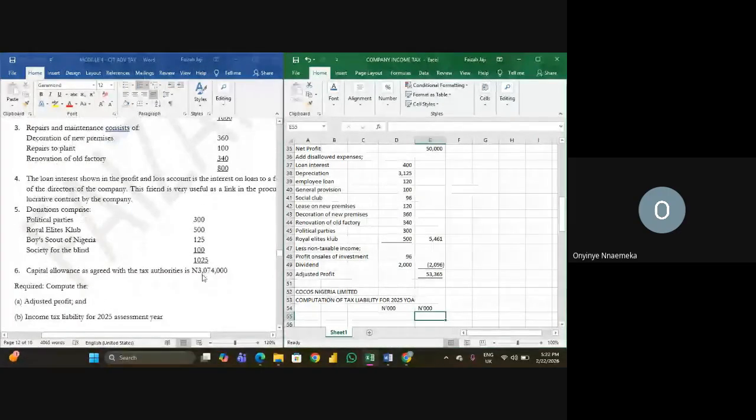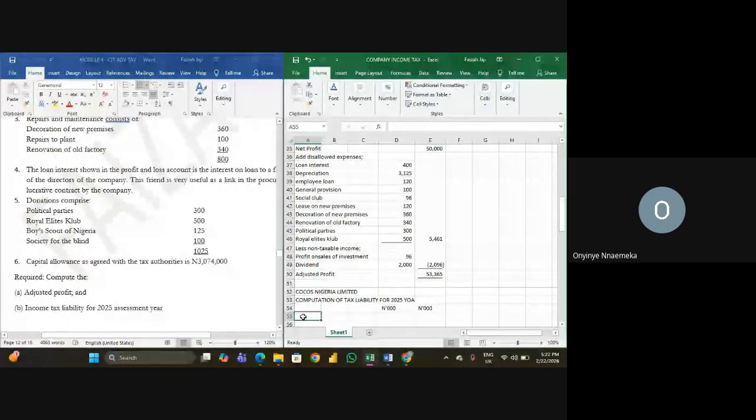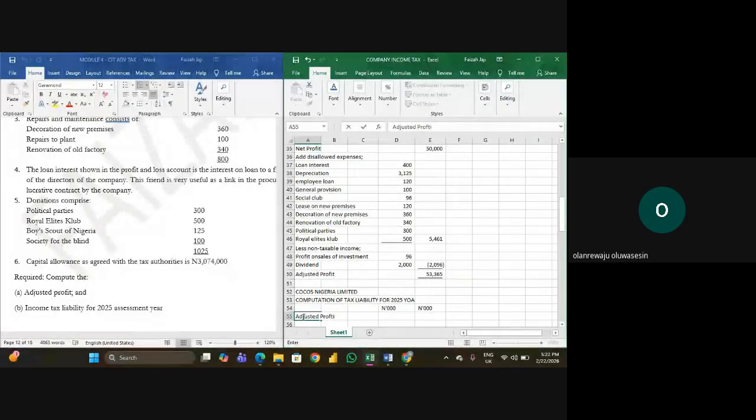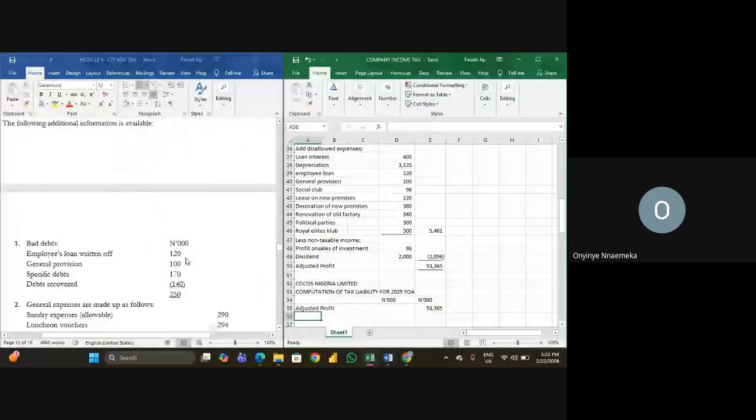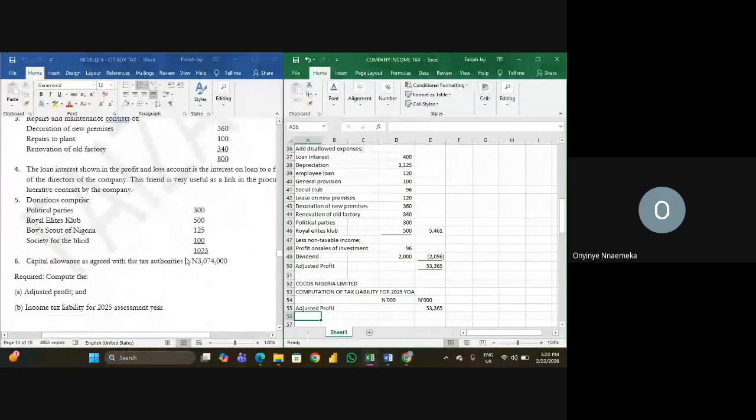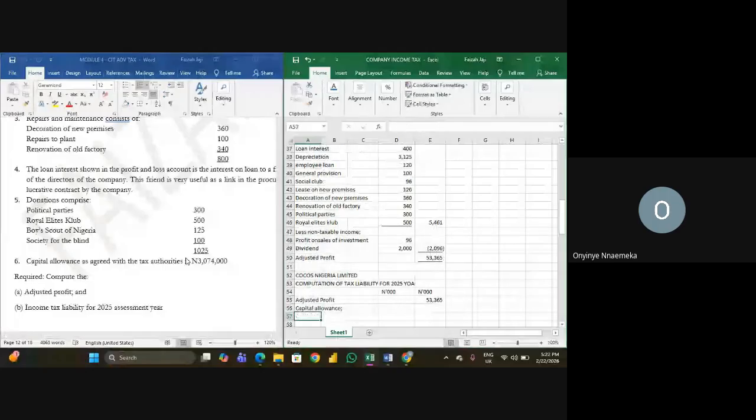Okay. So income tax liability, we start with our adjusted profit. So equals to what we have here, right? So do we have any loss? I don't think there's any loss. No loss. But we have capital allowance for the year, 3074.